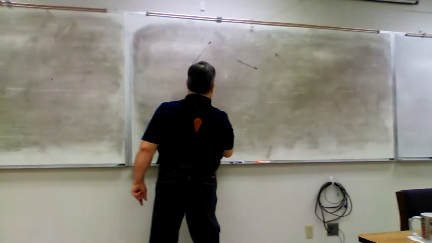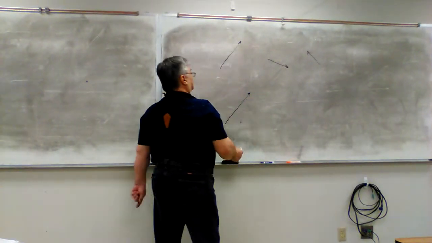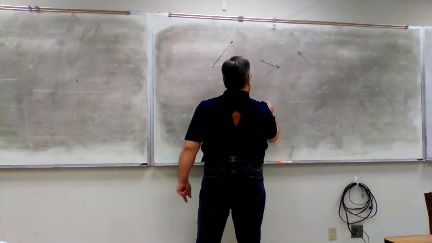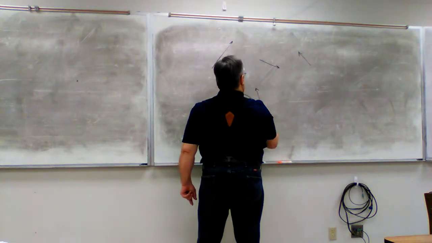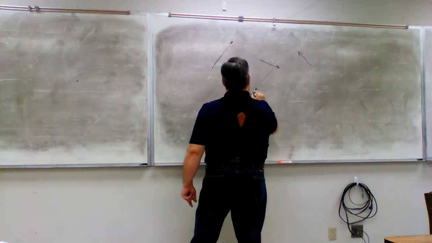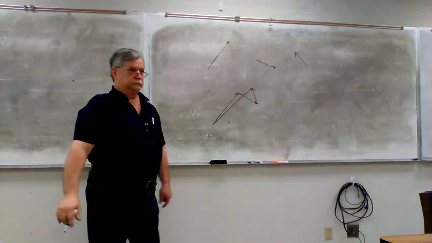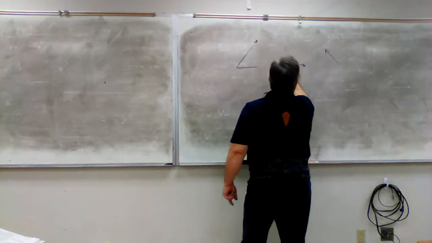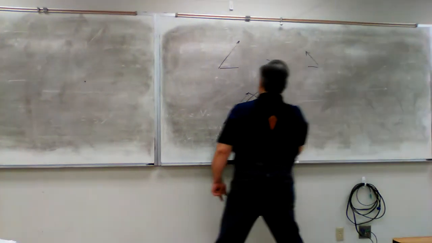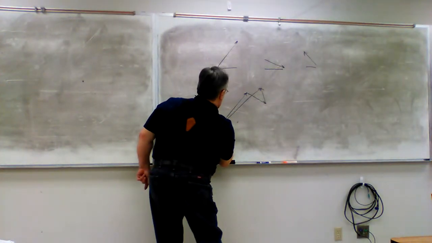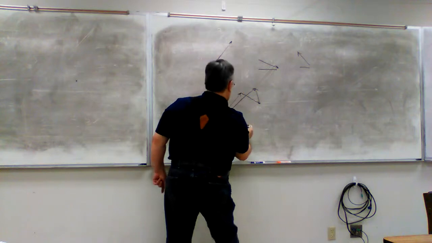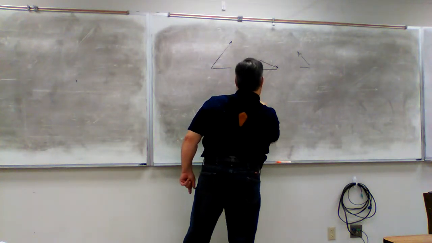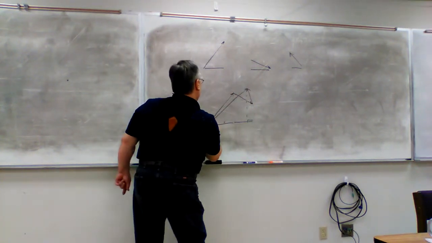You would draw the first one graphically, then the second one, and then the third one. And your resultant vector would go to right there. And notice that that's the same as adding all of the horizontal components and all of the vertical components.